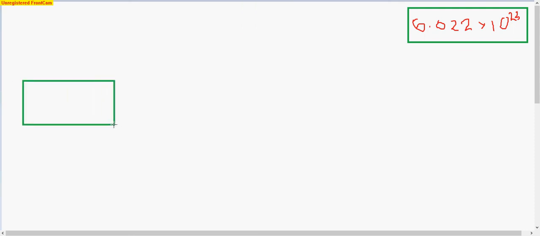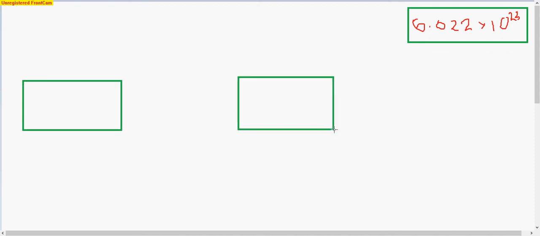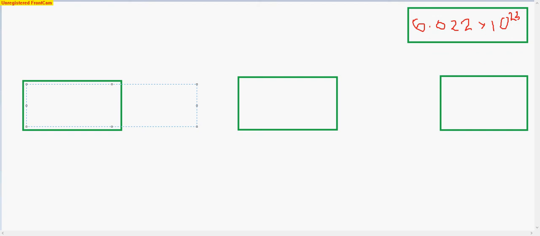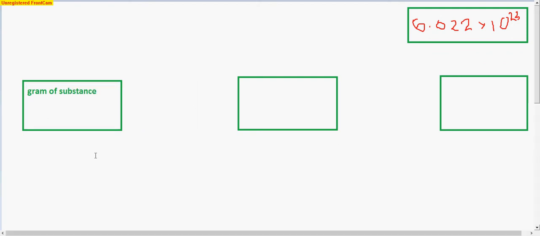Okay, consider this. We need 3 boxes. Now this box will have what will it have? I need a smaller size. The grams. Gram of substance. Let this box be the gram of substance.